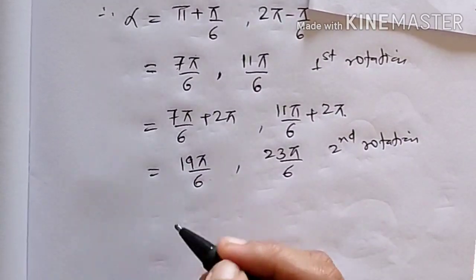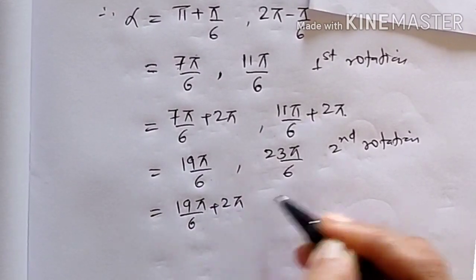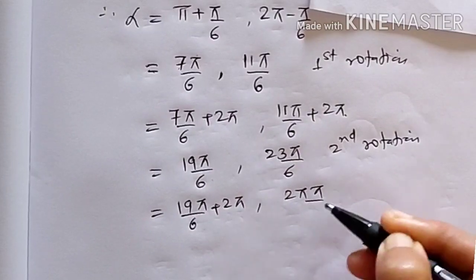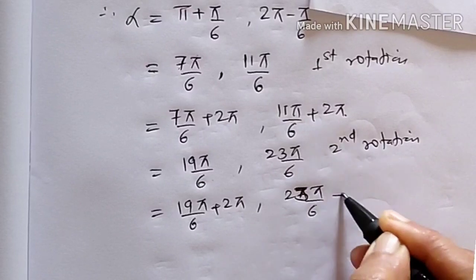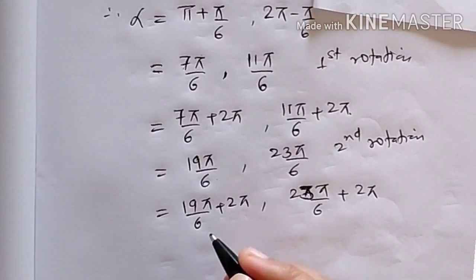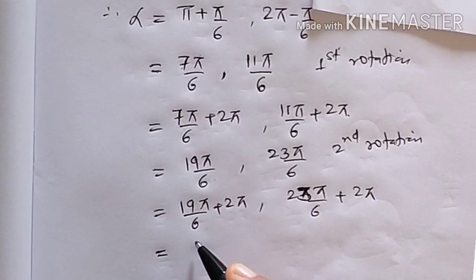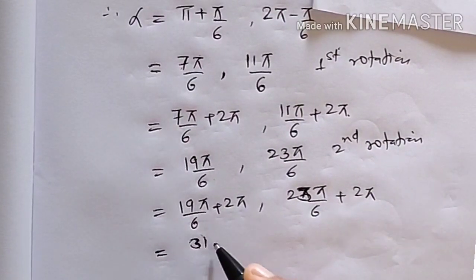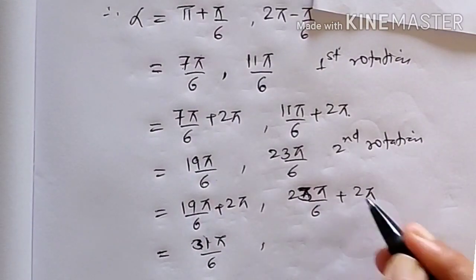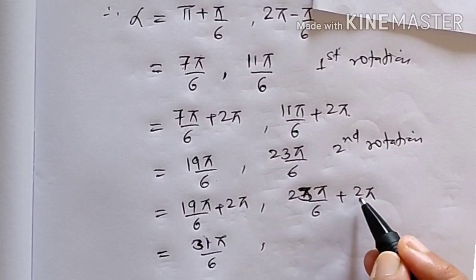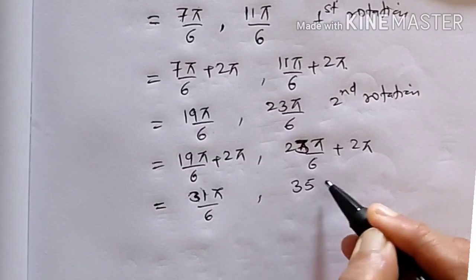The third rotation will be 19 pi by 6 plus 2 pi and 23 pi by 6 plus 2 pi. That means we get 19 plus 12, which is 31 pi by 6, and the second possibility is 23 plus 12, so you get 35 pi by 6.